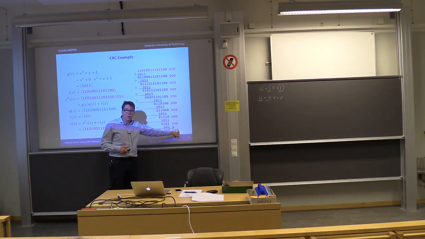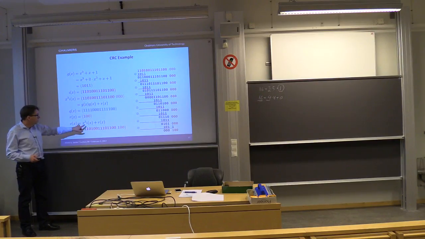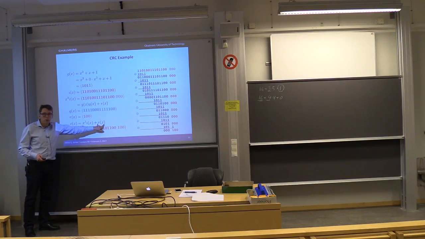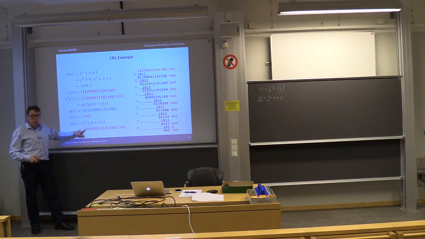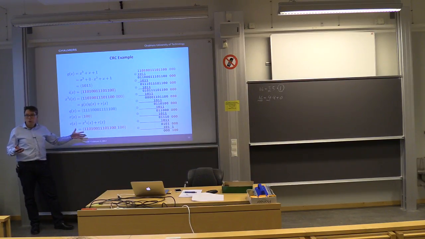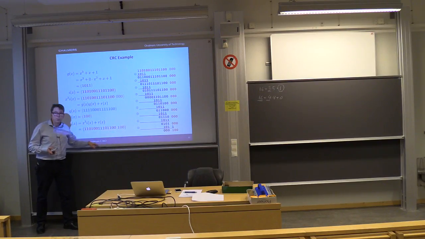So the code word is the information bits shifted to the left plus the remainder, the check bits, and therefore we get the information bits here and the check bits here. This is a systematic code because we have the data plus the parity bits.